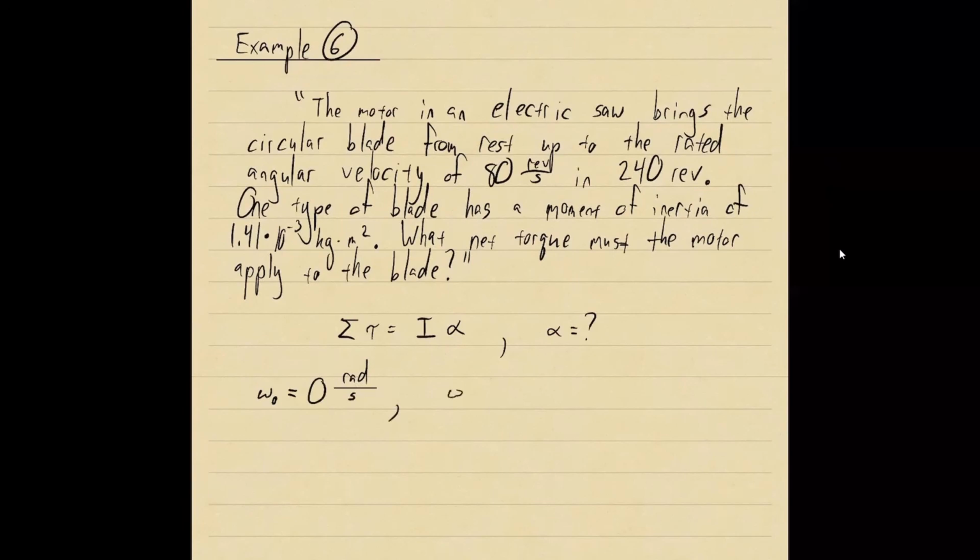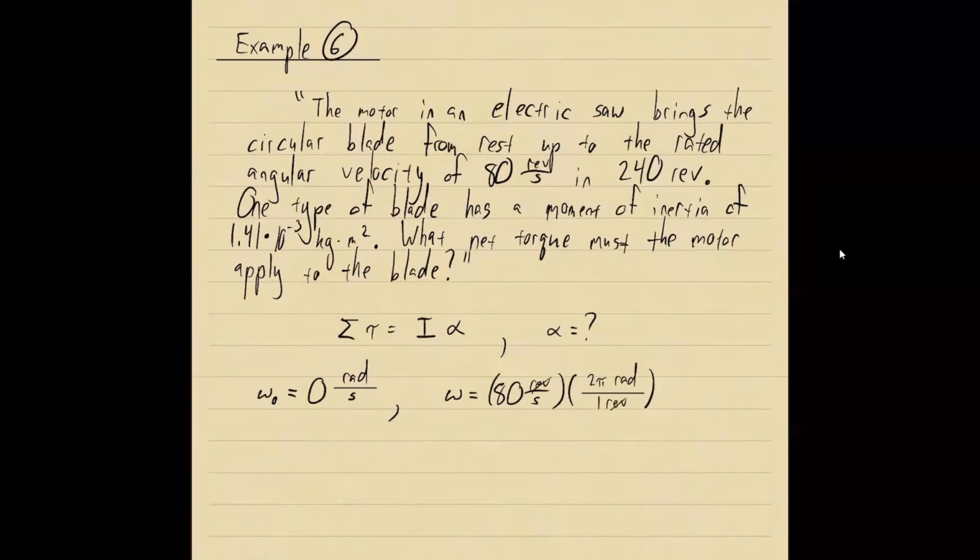And its final angular velocity is going to be 80 revolutions per second. But we need to convert this into radians per second, right? If we want to use any of our equations, we need to make sure that all this stuff is in radians and not revolutions. But we know that there are 2 pi radians for every 1 revolution.